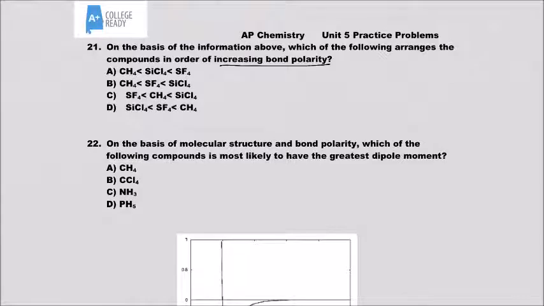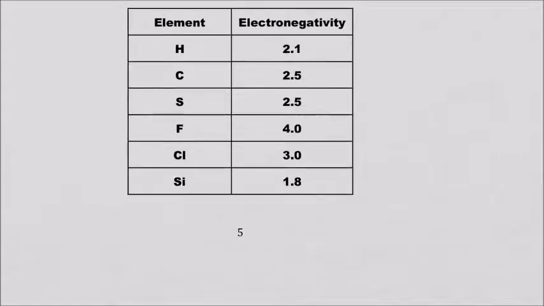Okay, so let's go back and look at that table. All right, so we can see that fluorine's the most. We probably know that chlorine is right below fluorine. It's 3.0. Carbon and sulfur are 2.5. And then we can see hydrogen is a little bit more than silicon.